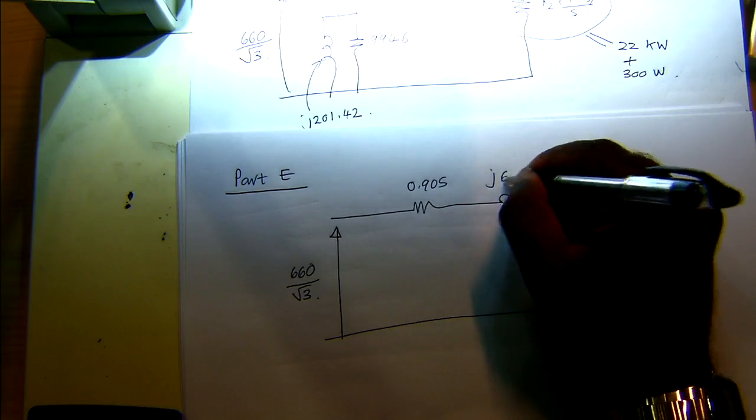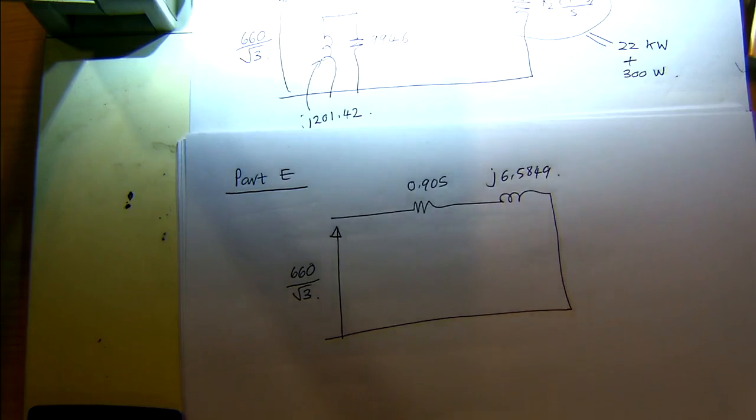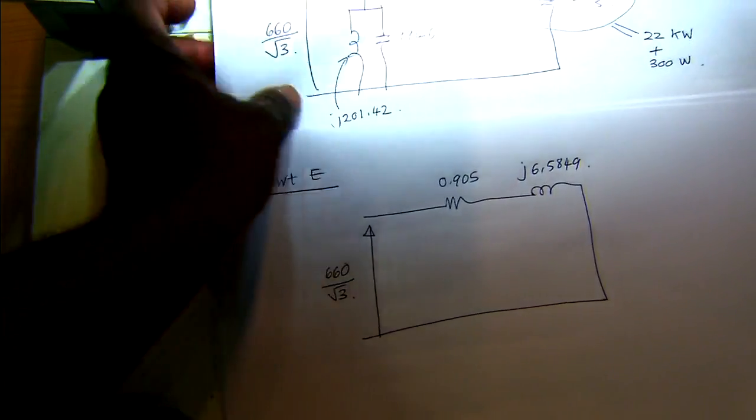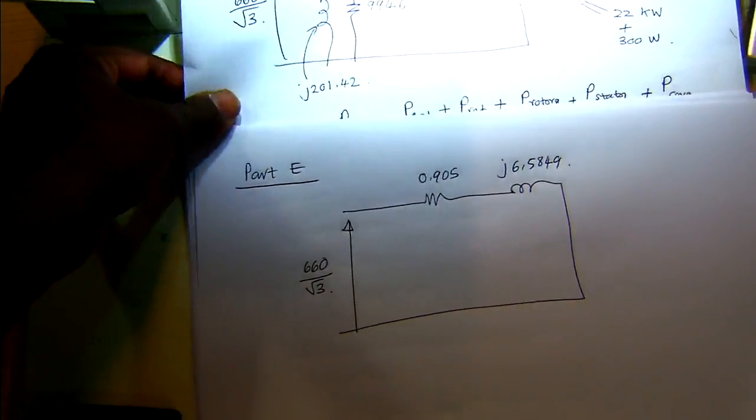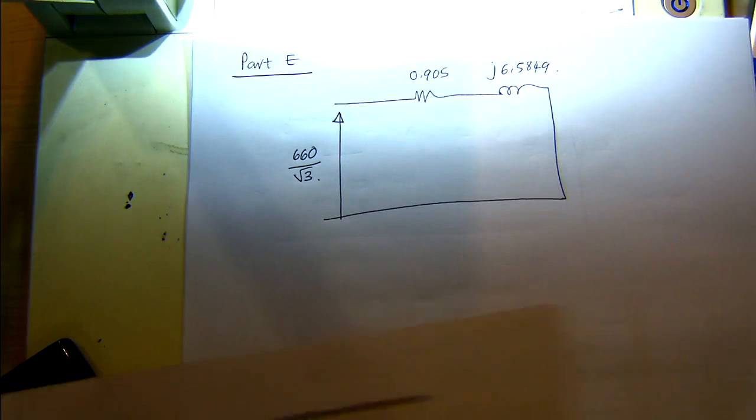This is j 6.5849. I think we calculated the current right here. So that's effectively the lock rotor test. No, so it's a reduced voltage.